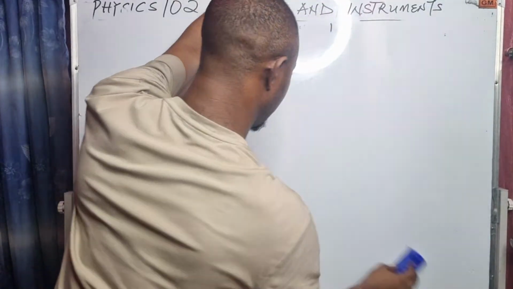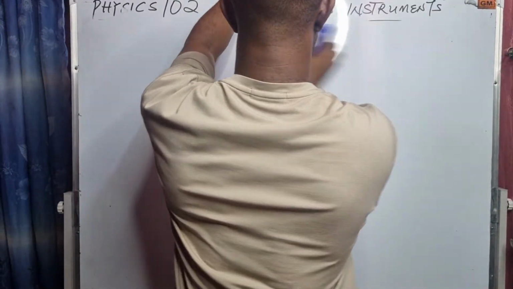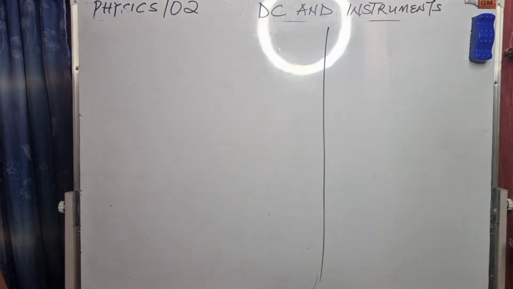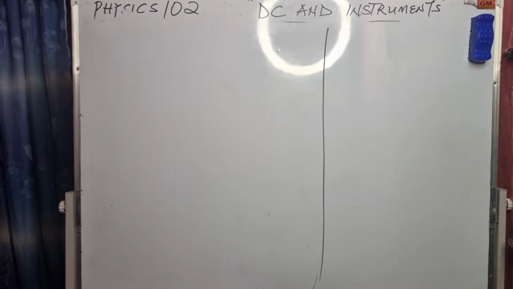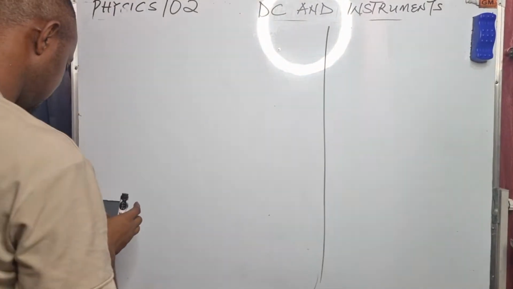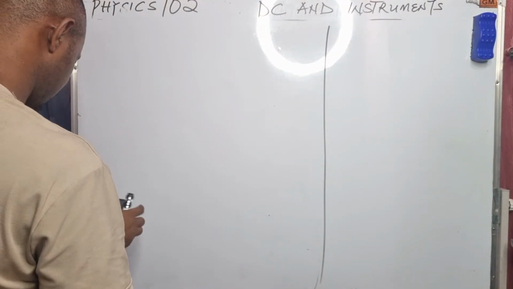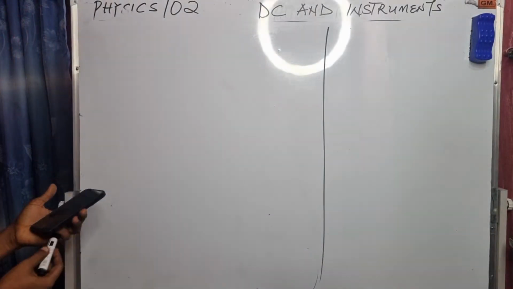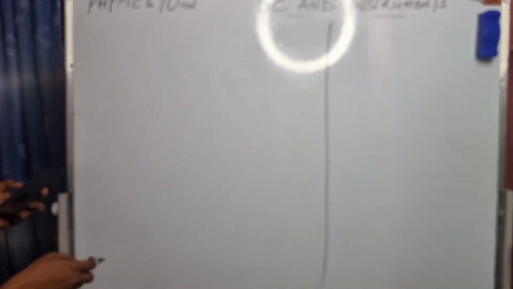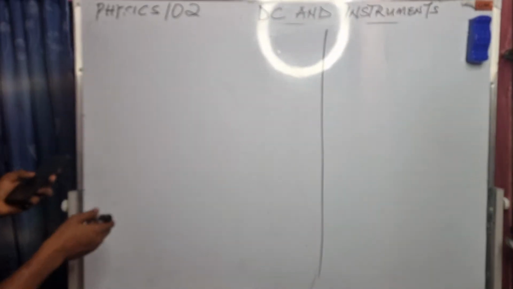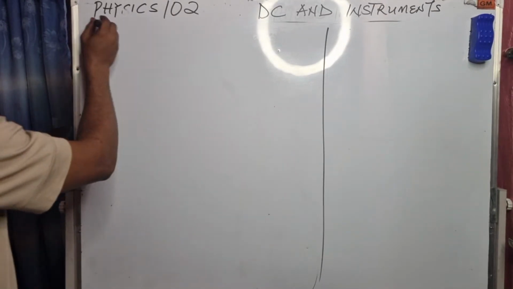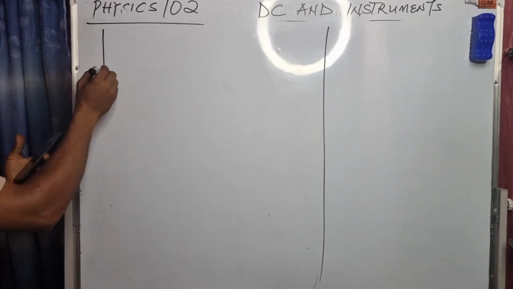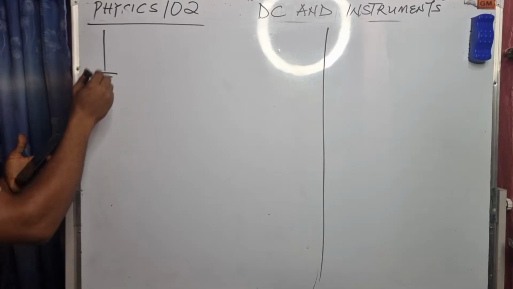I'm going to draw the circuit and we analyze the circuits together. Consider the circuit below. Calculate the resistance. We are given a simple circuit. Let me just draw.